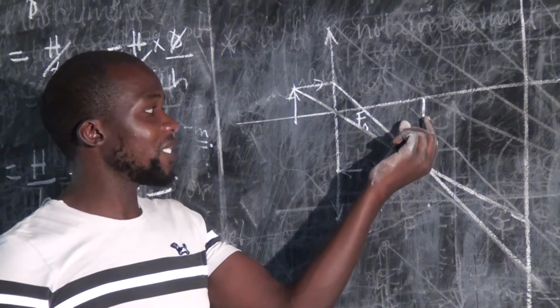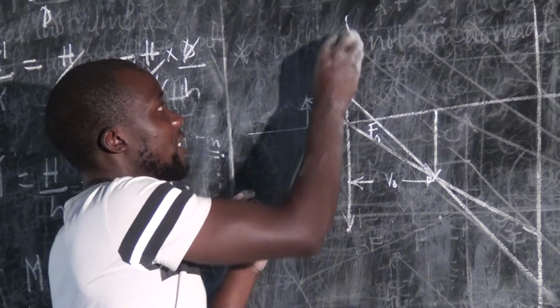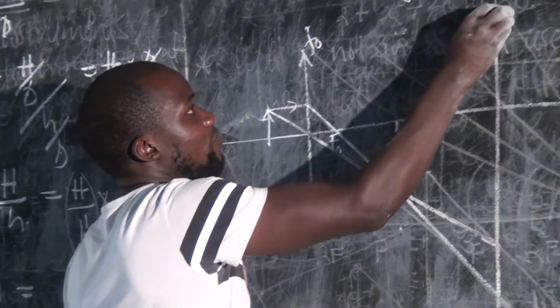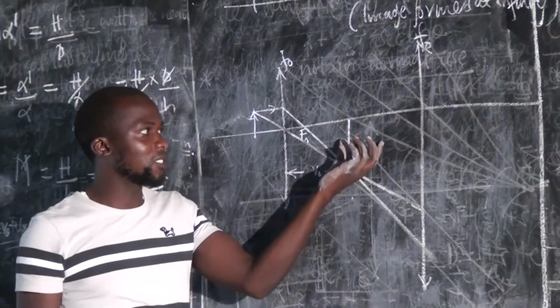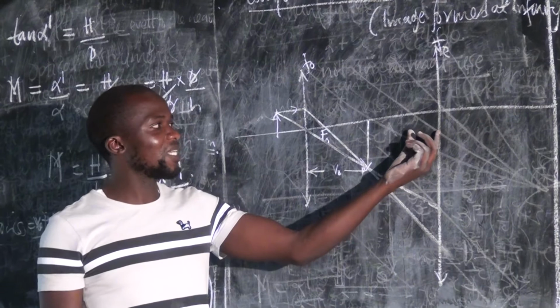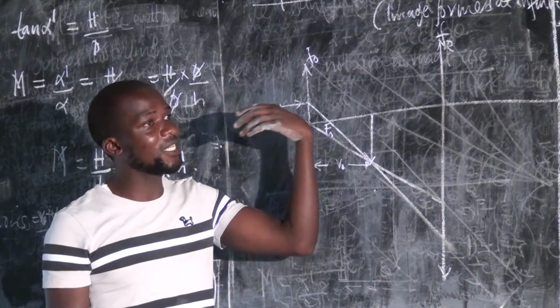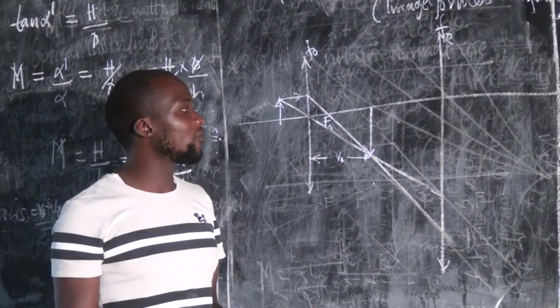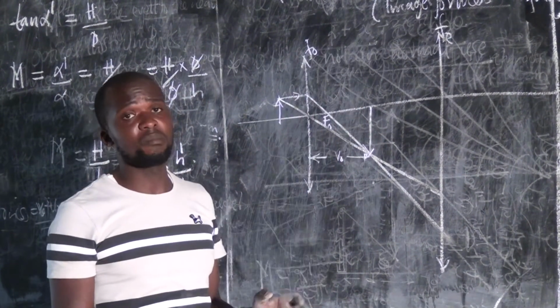Now this one is becoming my object. The image formed by the objective becomes the object of the eyepiece lens. So the eyepiece lens uses it to form a final image either at infinity or at a near point. But this time around we want to form it at infinity.